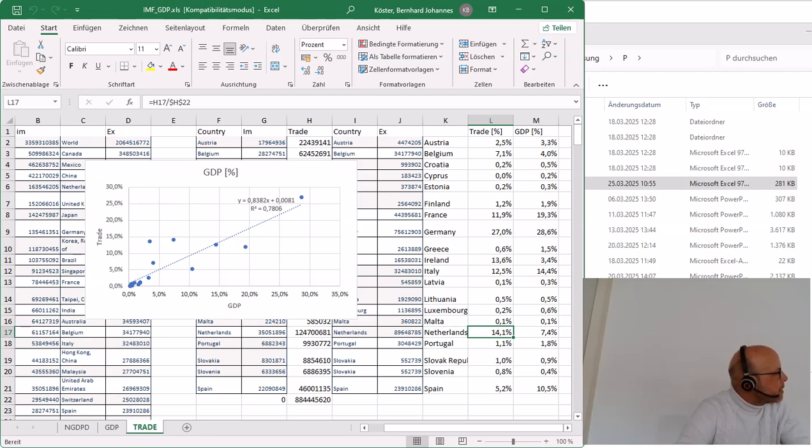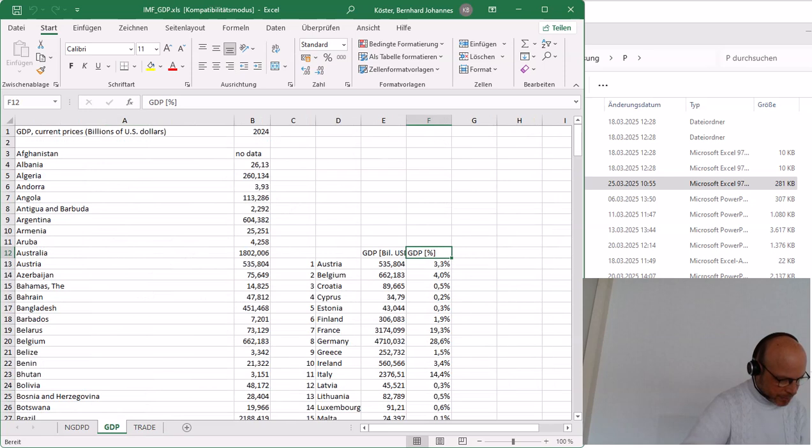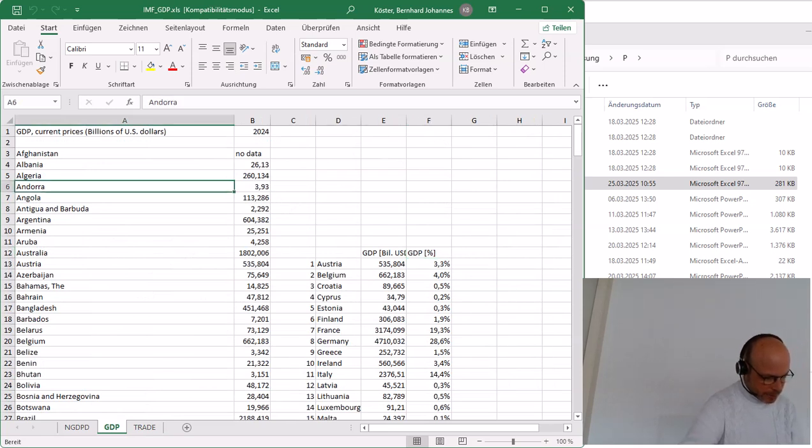And within this graphical representation, we now want to add Mexico and Canada. So then at first we need the GDP of Canada.